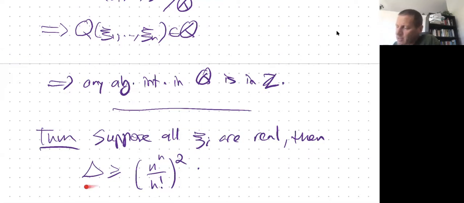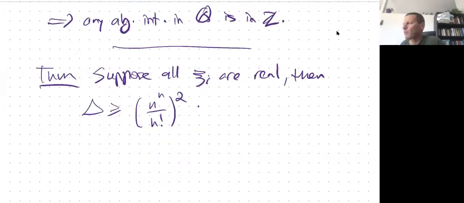And you can still define this discriminant, and you still get a certain lower bound, and the lower bound will now involve some other data, like how many of these Ci's are real and how many are complex non-real, and so on and so forth. But the proofs will always more or less be the same, and this particular proof I can give very quickly, and the proofs use Minkowski's theorem.